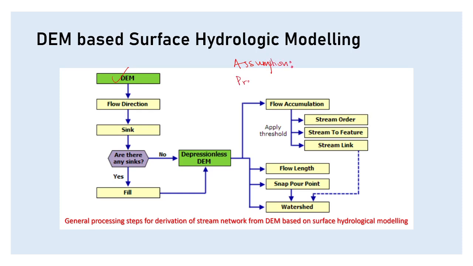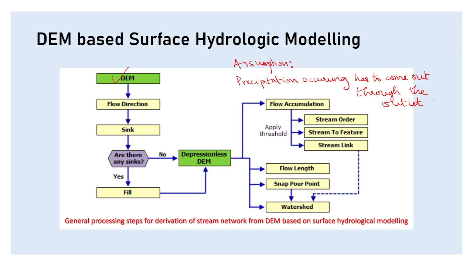All the precipitation occurring has to come out through the outlet. Based on this assumption only, we are continuing with the remaining things. So you have to keep this in mind. It's quite a big assumption also.